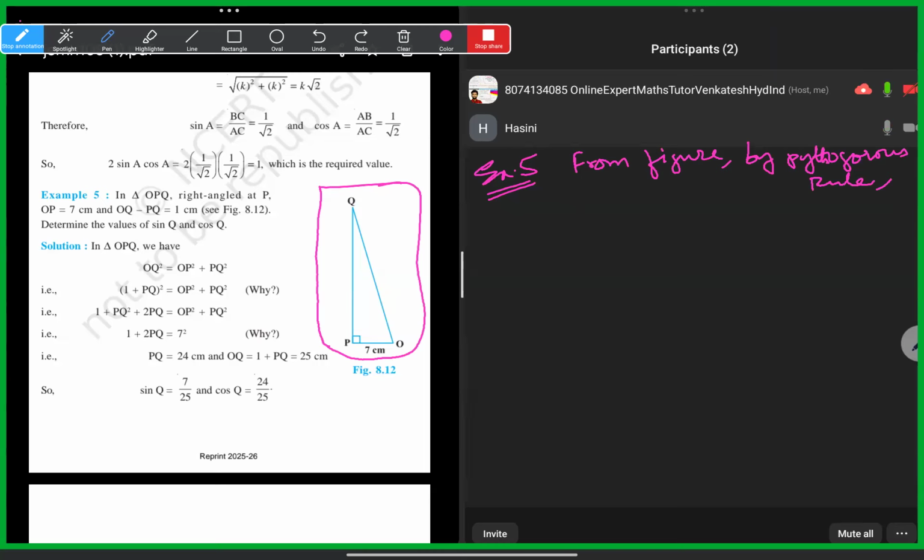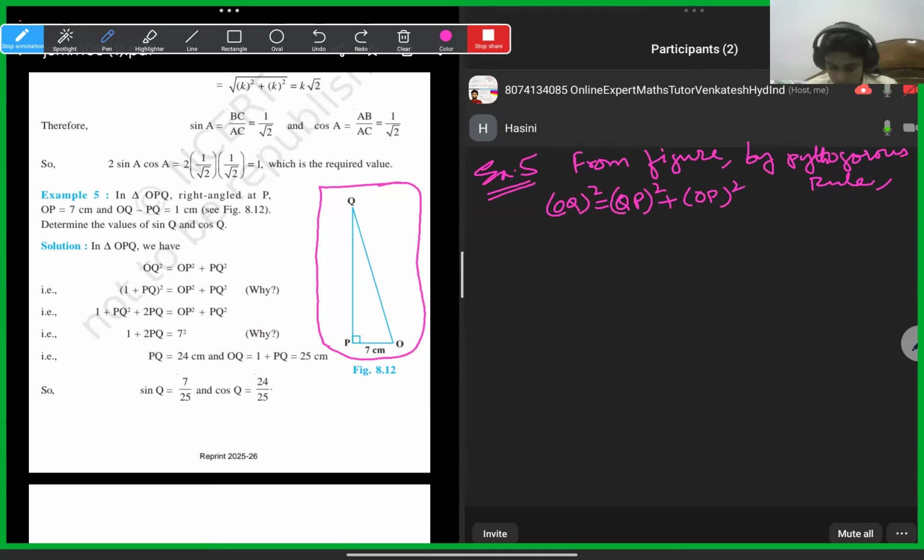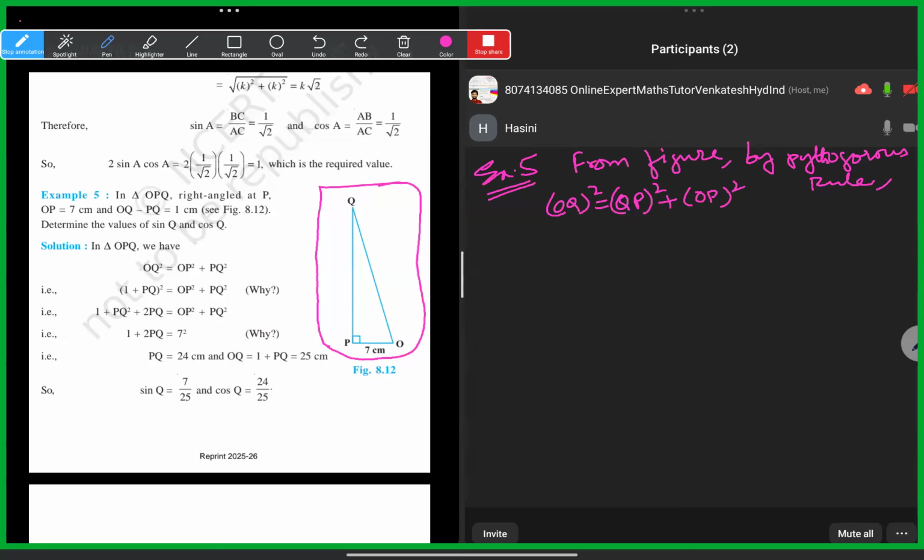So I am writing OQ square is equal to QP square plus OP square. Yes or no? Yes, sir. Now OQ they didn't give, but one out of these 3 things here, we know one of the values. What is that? OP. Yes.